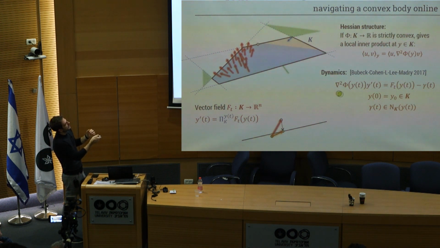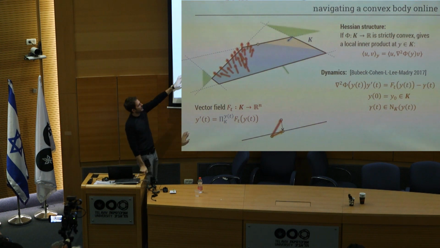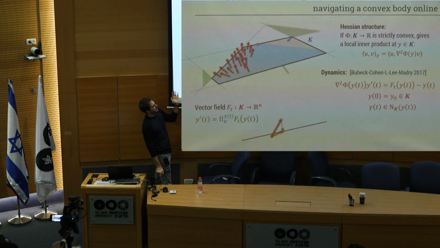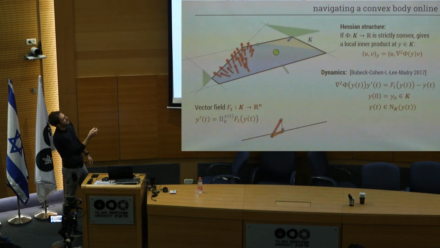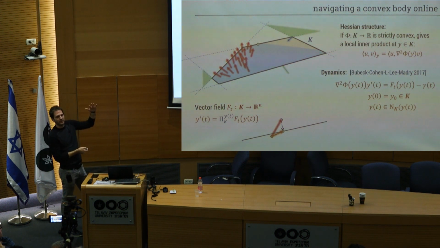And the only other thing you should know is that what you can read off from this differential equation is that the resulting algorithm is just doing this flow along the vector field, except that it's experiencing some normal forces from the fact that the boundary of the body is there and it can't leave the body.